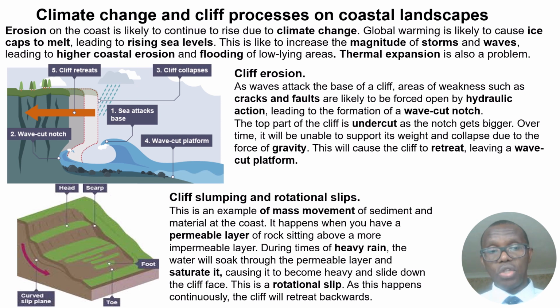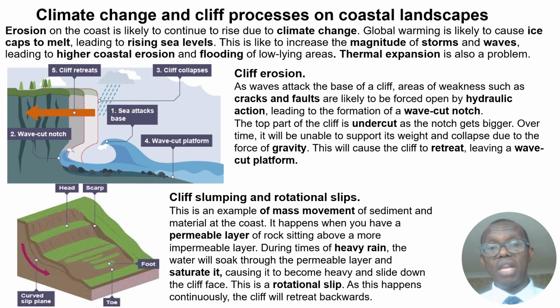So we are now going to look at climate change and cliff processes on coastal landscapes. The erosion along the coastline is likely to continue to rise due to climate change. Global warming is likely to cause ice caps to melt, which is going to lead to rising sea levels.